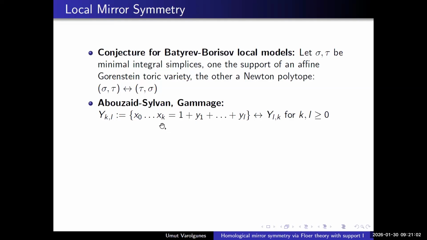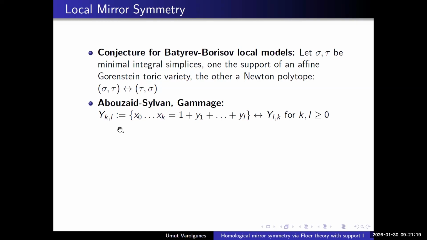So x's can vanish, y's cannot vanish. So you define this explicit Y_{K,L} variety, and mirror symmetry is supposed to exchange this K and L.